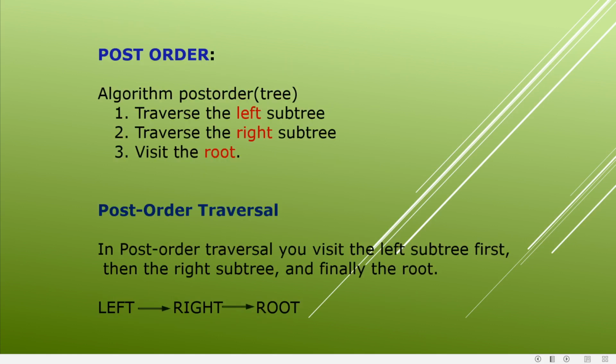And then the next traversal is postorder. In preorder, we first visited the root node, then the left subtree, and then the right subtree. In postorder traversal, we first visit each node after visiting its children and their subtrees. We begin with the leftmost node and end with the root.